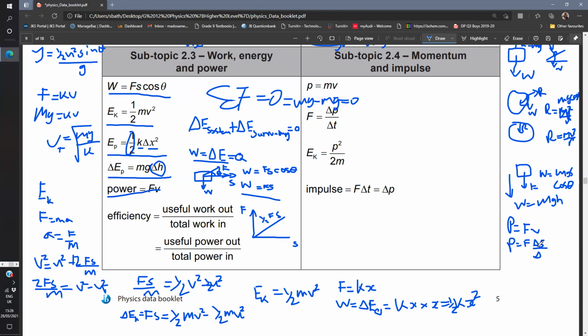So displacement changing over time, and then that will be Fs, so the change in work over the change in time. And this is a useful formula. So you have to keep this in mind because it's in the data booklet. And finally, you have your two efficiency formulas. You just apply them and multiply each one by 100 and write it as a percentage.